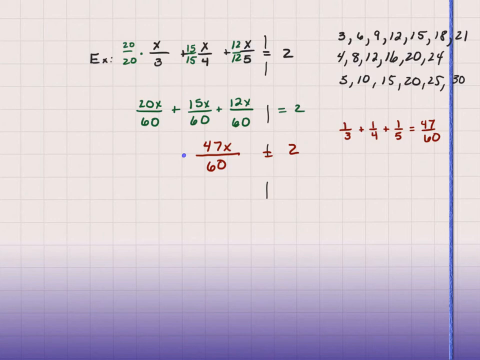I can multiply this side by the reciprocal of that fraction, and I can multiply the other side by that reciprocal as well.